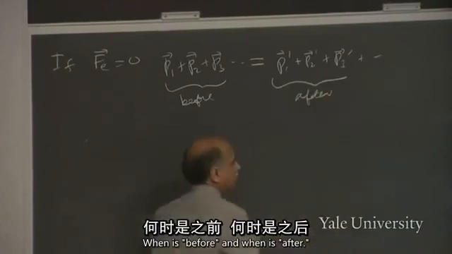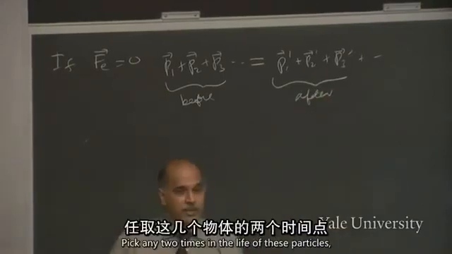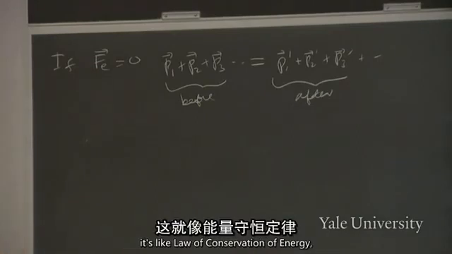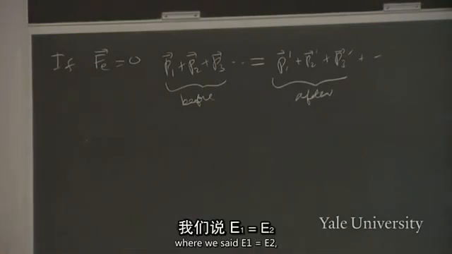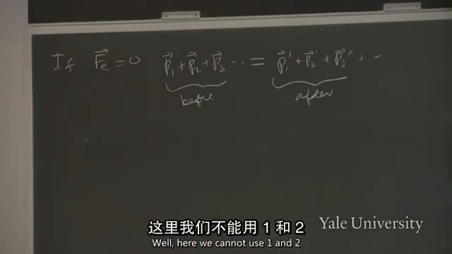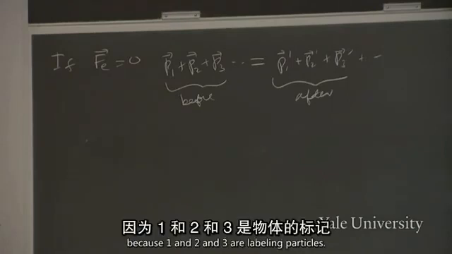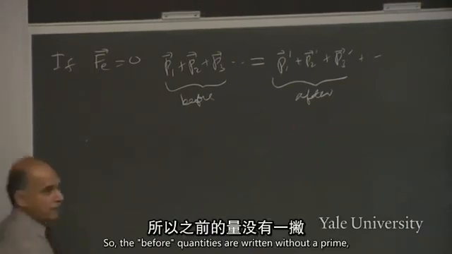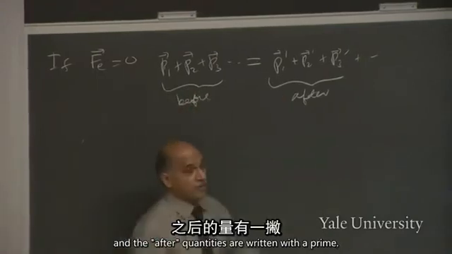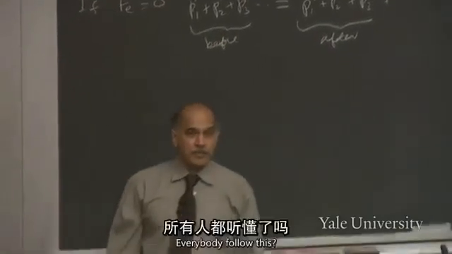When is before and when is after? Pick any 2 times in the life of these particles. It's like the law of conservation of energy, where we said E1 equals E2. There 1 and 2 stood for before and after. Well, here we cannot use 1 and 2 for before and after because 1, 2 and 3 are labeling particles. So the before quantities are written without a prime, the after quantities are written with a prime. Everybody follow this?